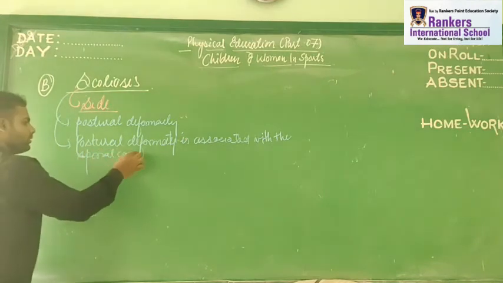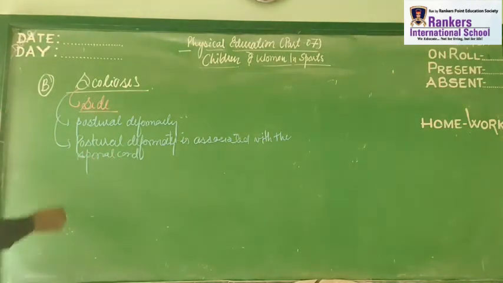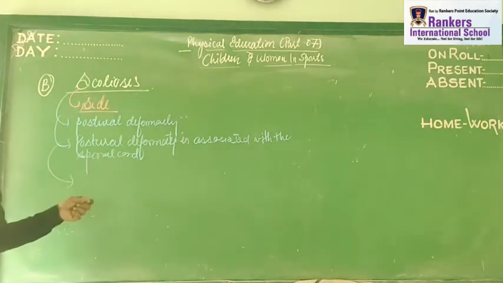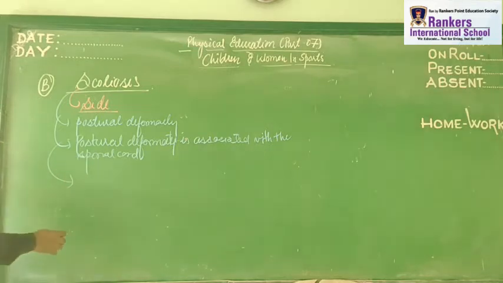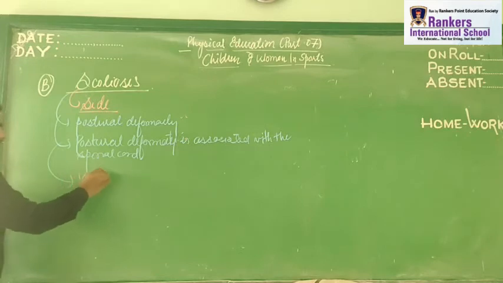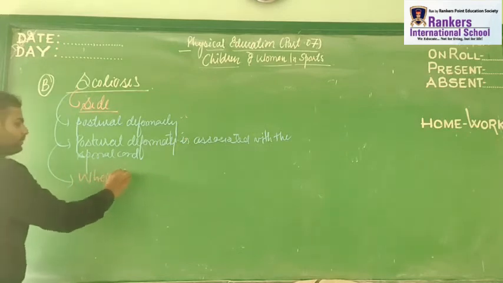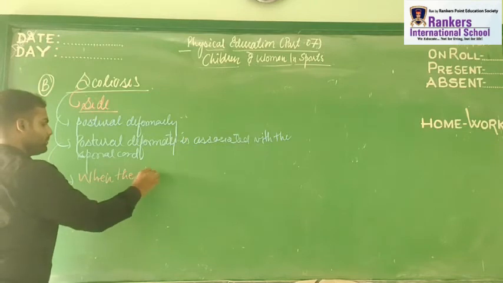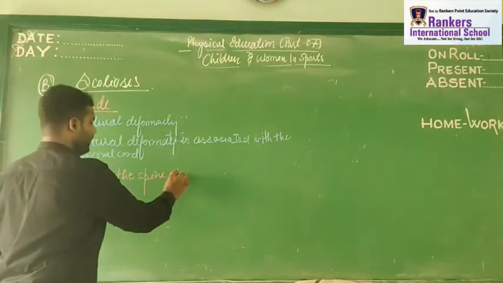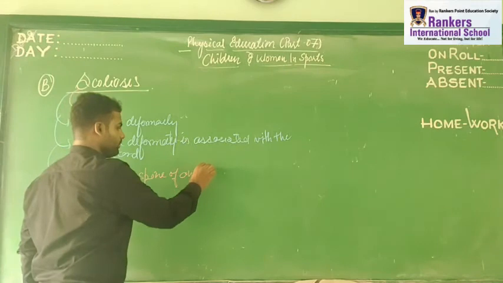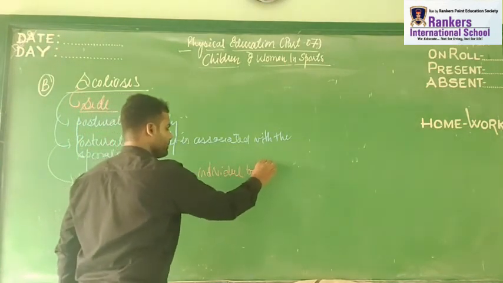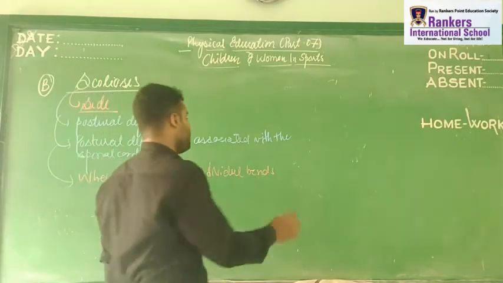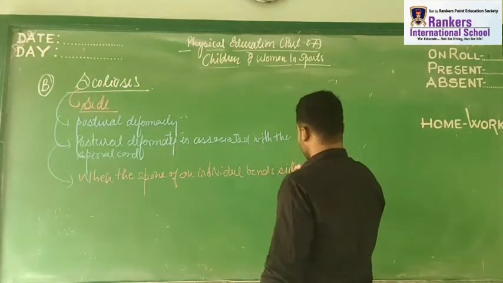Next thing, which kind of deformity is it? It is the kind of deformity when your spine bends sideward. What happens? When the spine of an individual bends sideward. Where does it bend? It bends sideward.